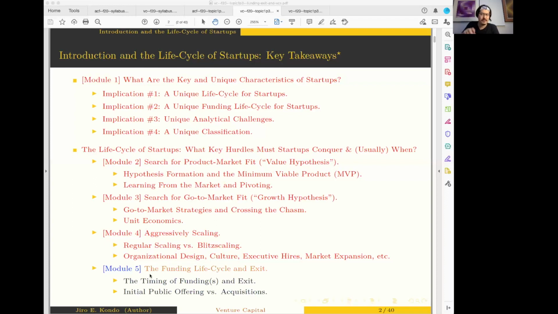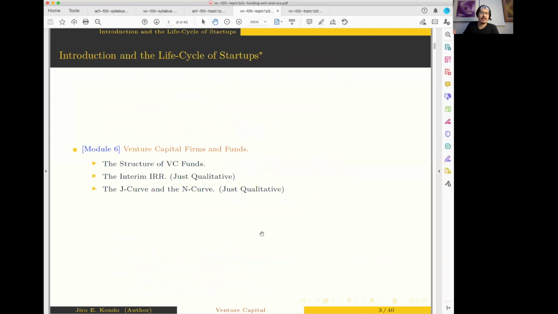We'll try to go over some of the nitty-gritty practical aspects of both of those things, right? But in my slides, if you look at them, hopefully you look at them at some point, you'll see there is this module 6 called Venture Capital Firms and Funds, where I would do normally 3 things. I would talk about the structure of, it says structure of VC funds, but I should actually have been more specific.